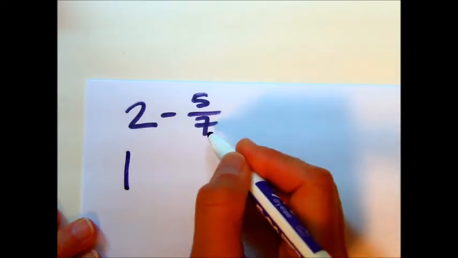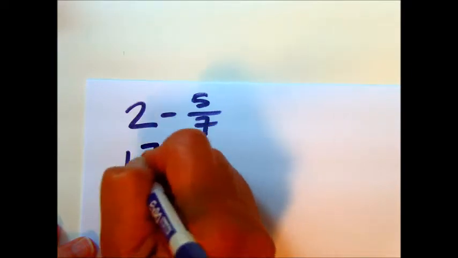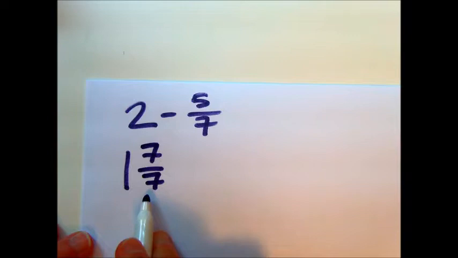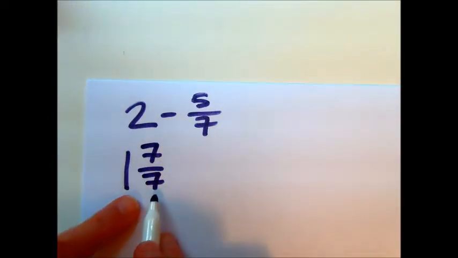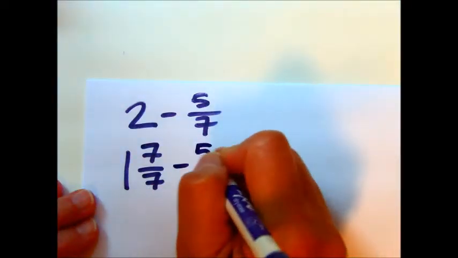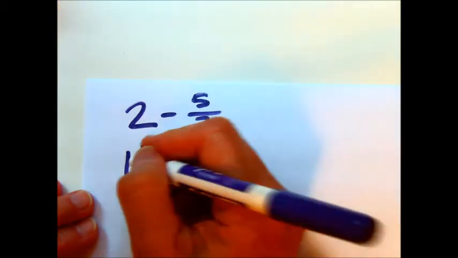And then let's write that other 1 using the 7ths. So 7/7. So 1 and 7/7 has the same value of 2, because 1 is 1 and 7/7 is 1. And when we combine them together, that's going to give us 2. So we haven't really changed this expression at all. It still has the same value. Now we're going to bring down the take away 5/7, and then we can subtract.